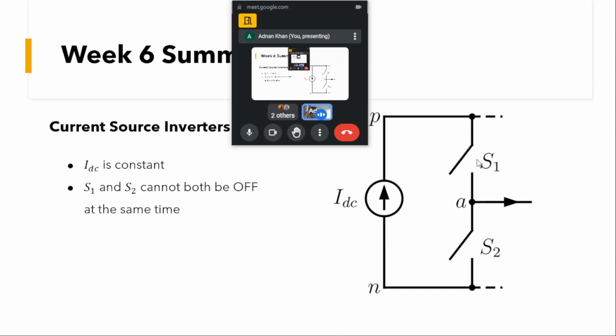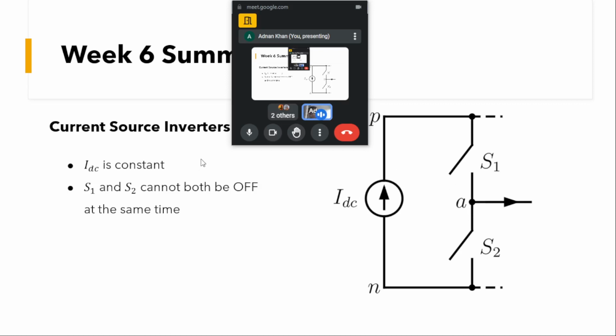So what we have to keep in mind is that in voltage source inverters we cannot short the source, and in current source inverters we cannot leave the current source open. That means S1 and S2 cannot be off at the same time.